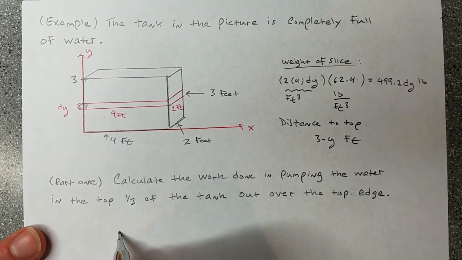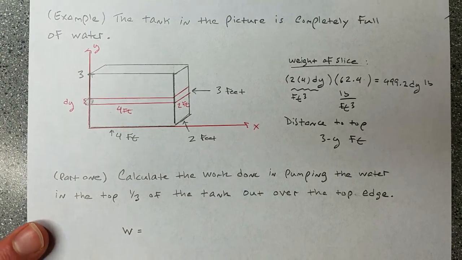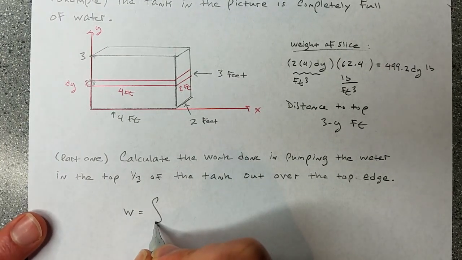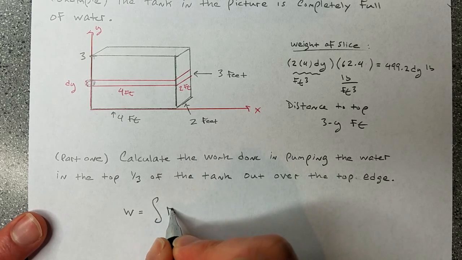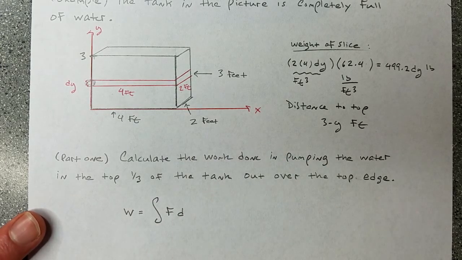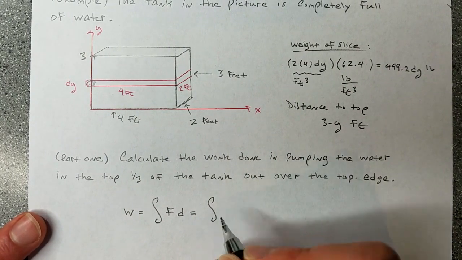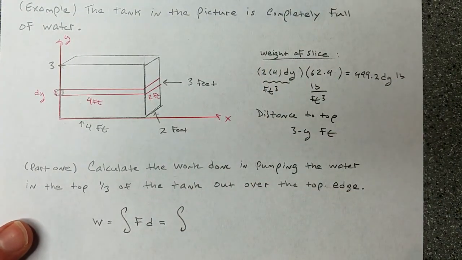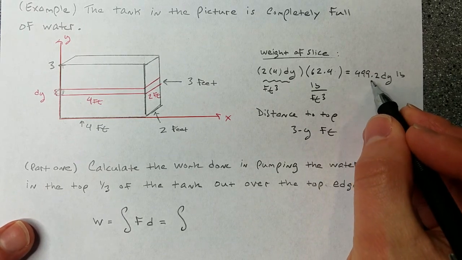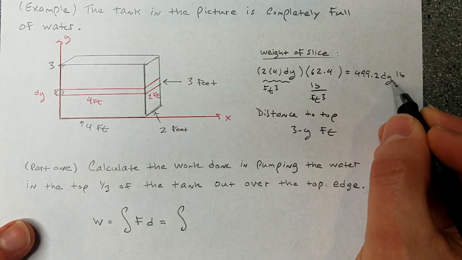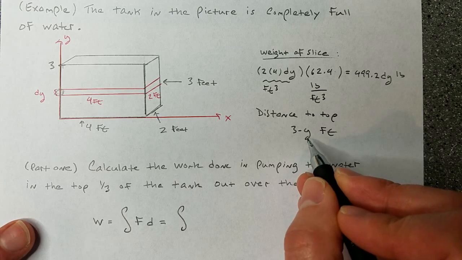The work is going to be an integral. In here, it's going to be force times distance. In my case, the force is going to be the weight. So that's 499.2 dy. And the distance is 3 minus y.